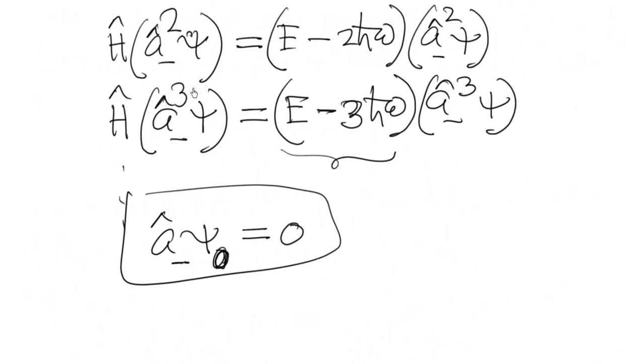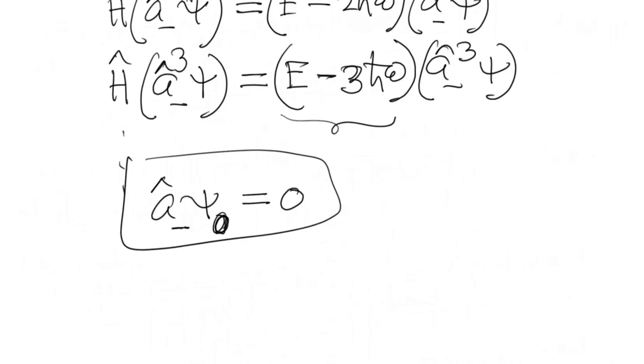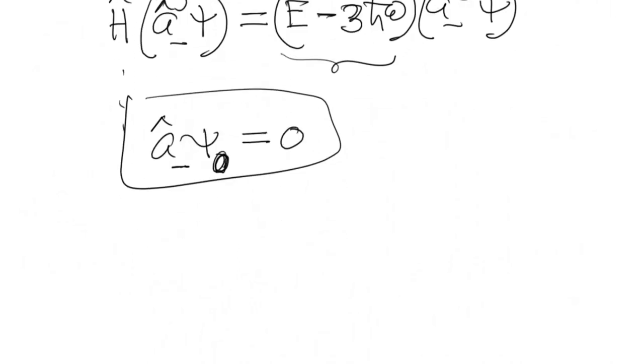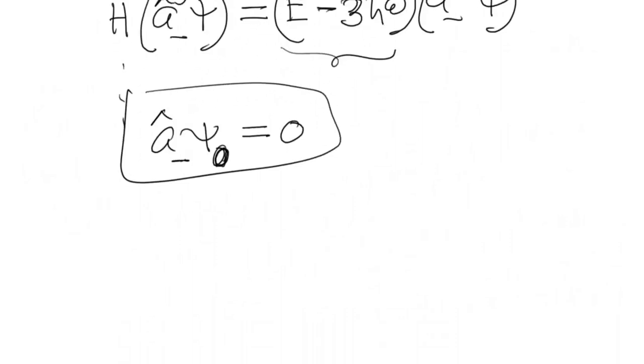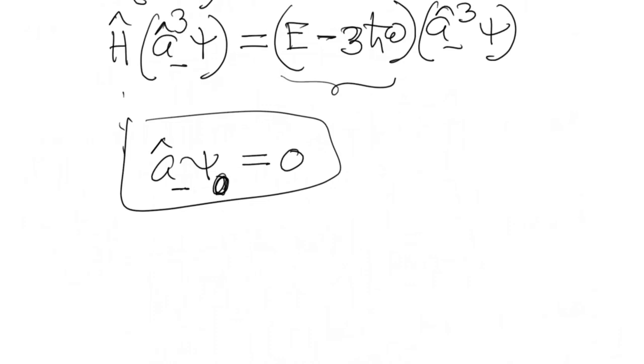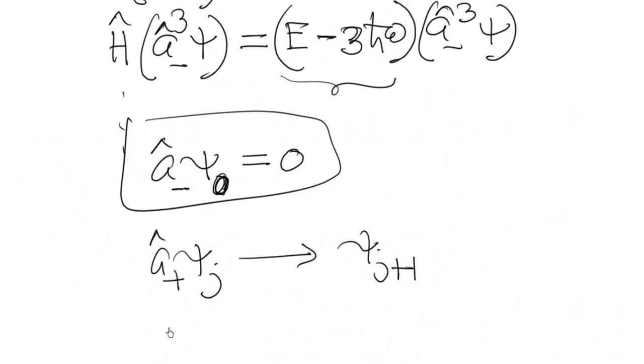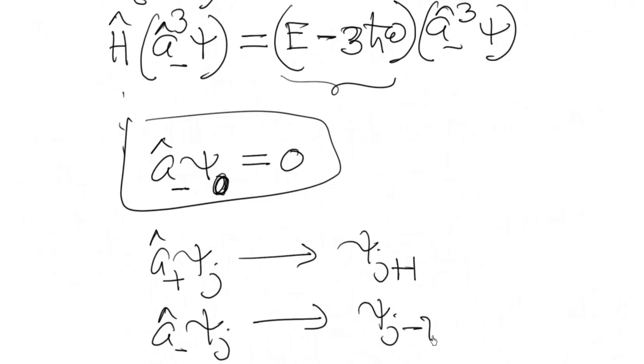Now what we see here is that as we operate on psi by A minus, we go lower in energy scales. And similarly, if we operate on psi by A plus, say this is the jth state function, then if you operate by A plus, it should give you psi j plus 1. And if you operate on psi j by A minus, it should give you psi j minus 1.